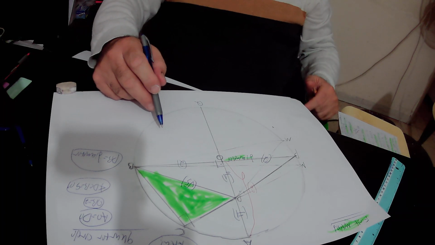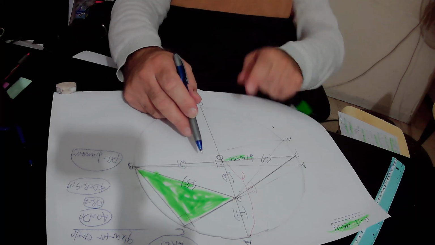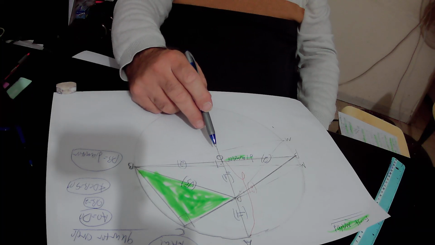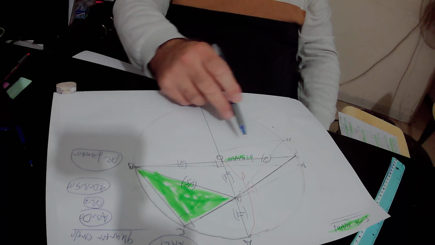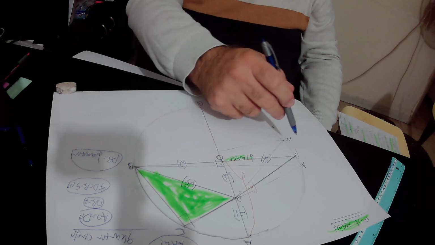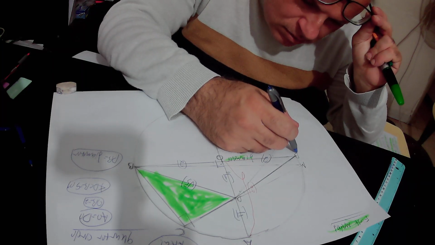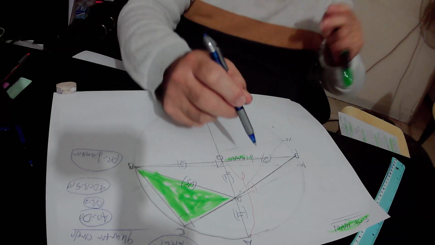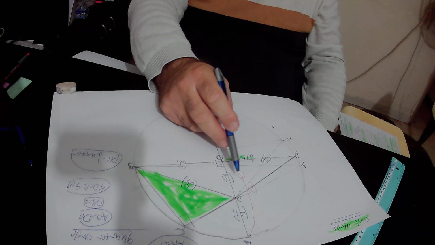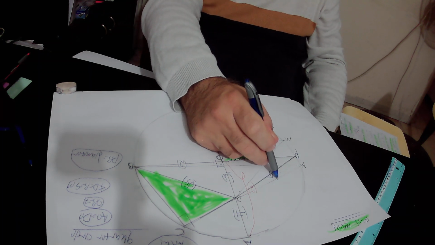Here, if we implement the Pythagorean theorem on this right triangle DPO, we get that the hypotenuse DP equals the square root of 5 units in length.